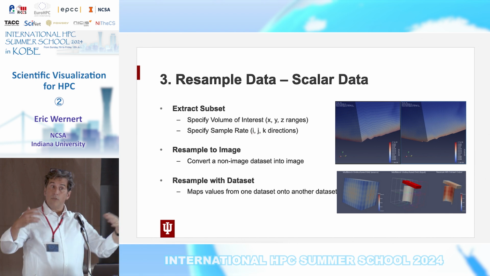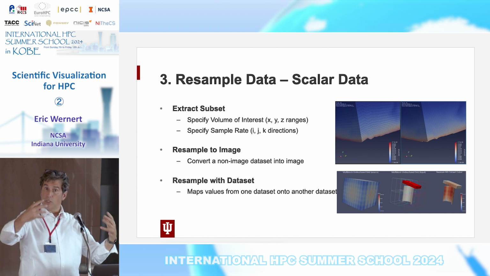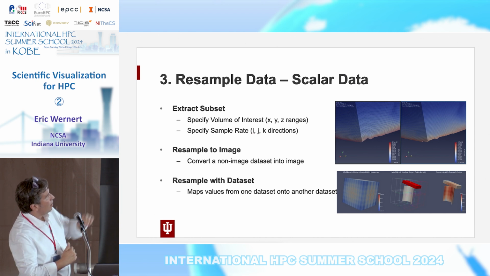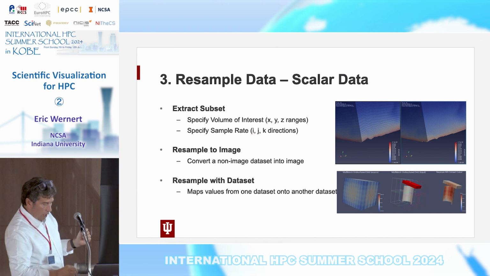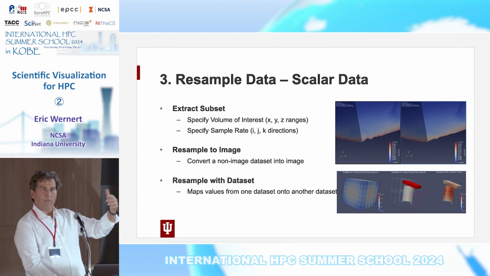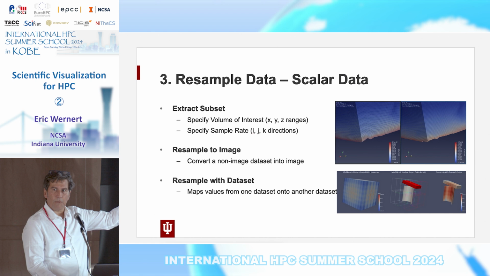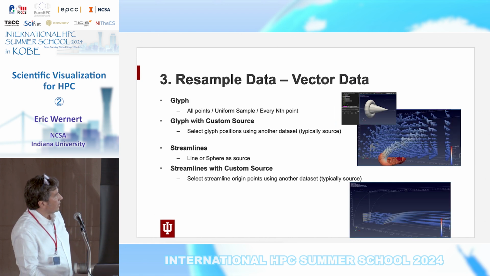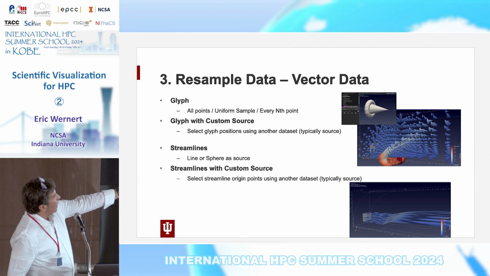It's usually better to resample to a larger grid so we're not losing any of the points. But again, that is a bit of a science in and of itself. We do have the ability to resample data. That's why we get hundreds and hundreds of filters in ParaView for all the different things that people might want to do.